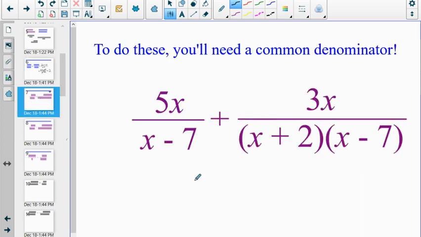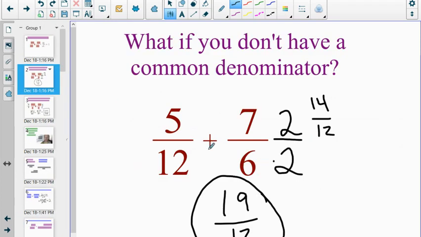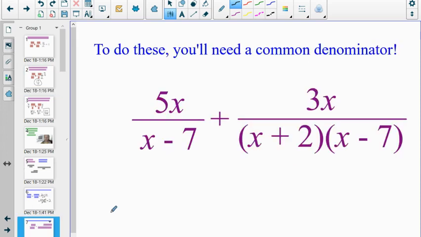Couple more examples. Here's an example that is similar to the second one I did. One of the factors of 12 is 6. So I didn't have to multiply by 12 over 12 and 6 over 6. I could just multiply by 2 over 2 to get that common denominator. Same thing here. I already have an x minus 7 in the denominator, so I don't need to multiply by x minus 7.